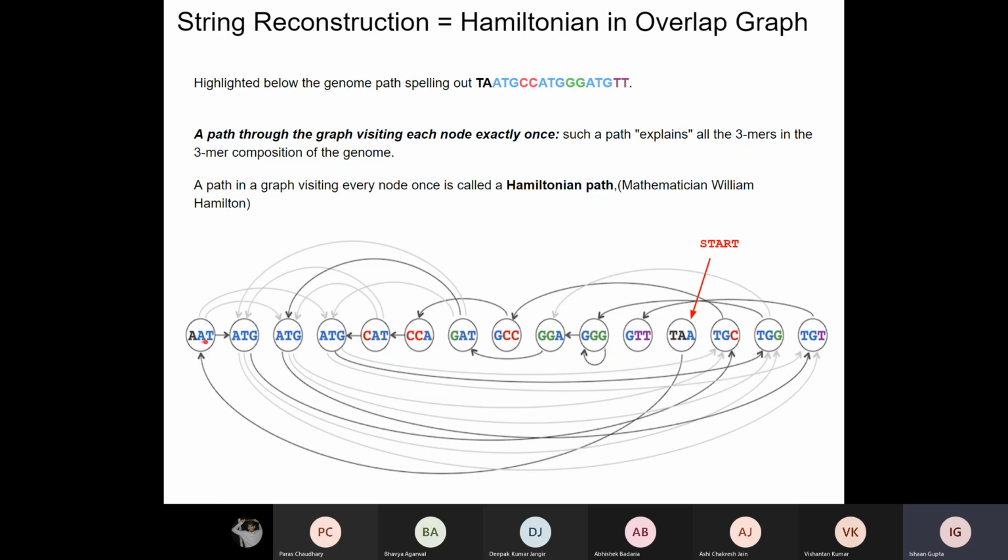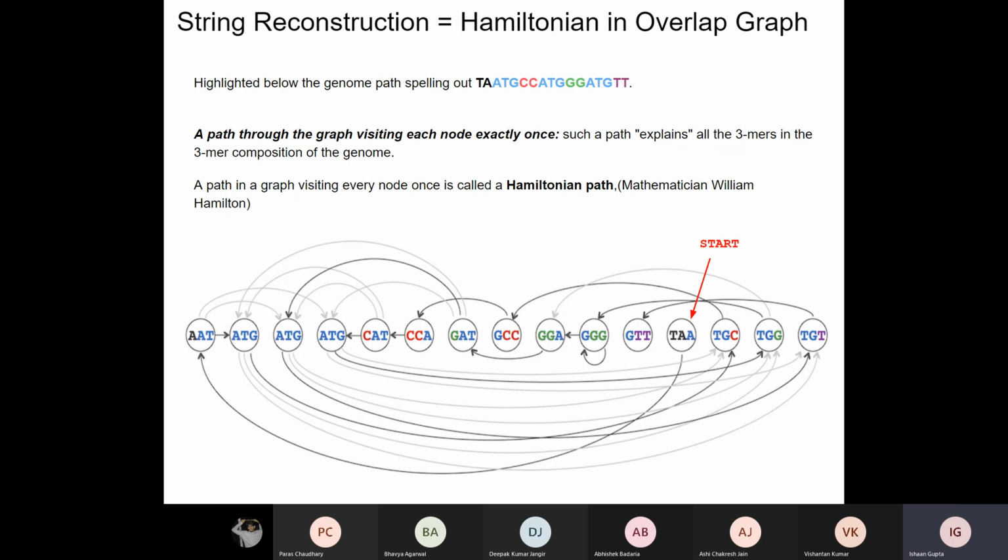For example, AAT and ATG: AT is the suffix of AAT and the prefix of ATG. So you draw an arrow connecting these two. This gives you what's called a directed graph, where nodes are your k-mers and the edges, or these arrows, are the fact that they share prefix and suffix.